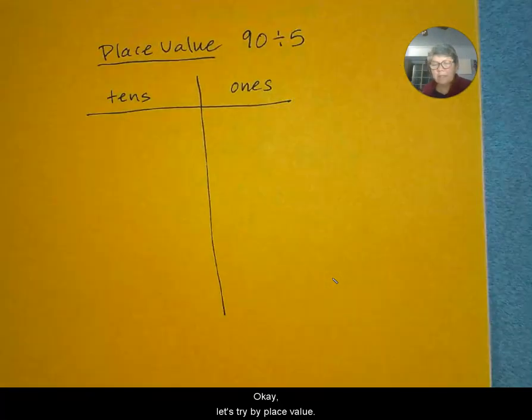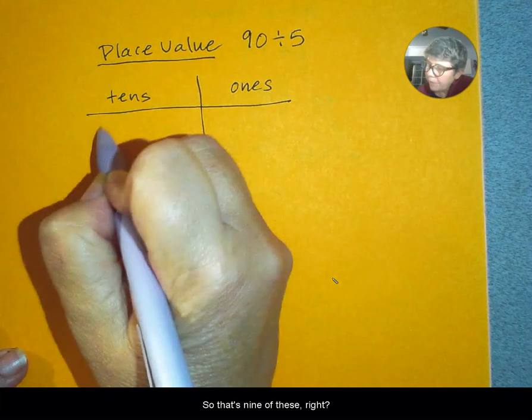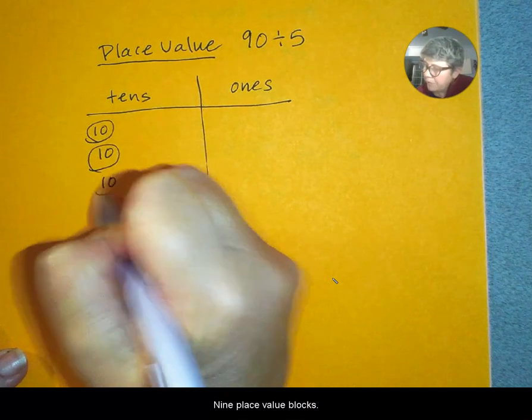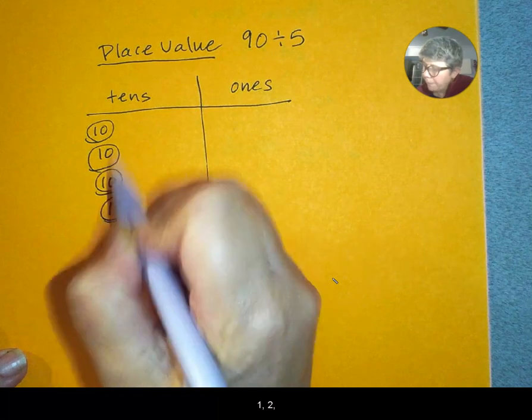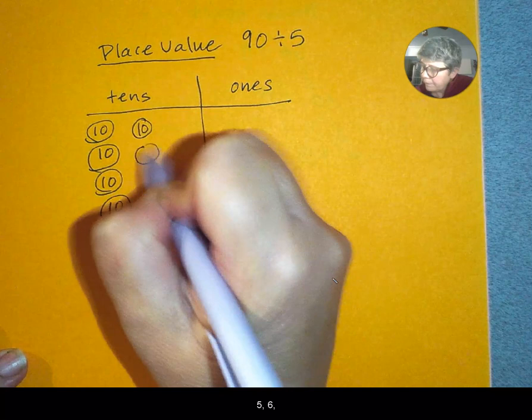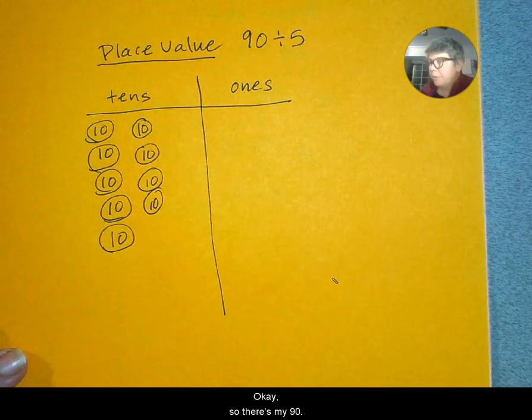Okay, let's try by place value. So 90, I have 90. So that's 9 of these, right? 9 place value blocks. 1, 2, 3, 4, 5, 6, 7, 8, 9. Okay, so there's my 90.